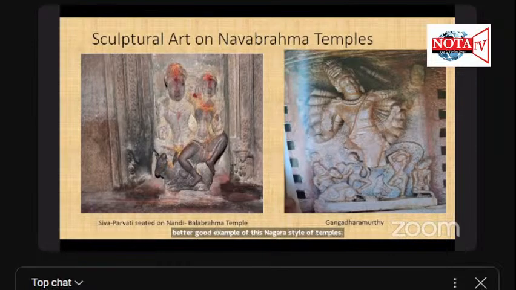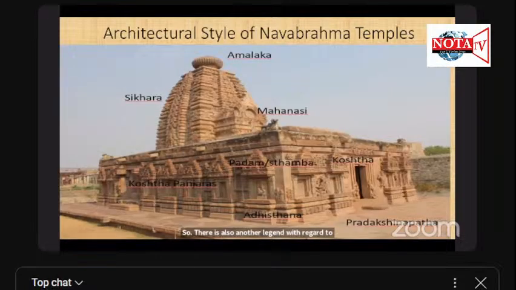There is also another legend with regard to the construction of these temples, Brahmeshwara Kshetra. According to the legend, why these temples were built and who built them? Historically, it is clear that they were built by the Chalukyan rulers.